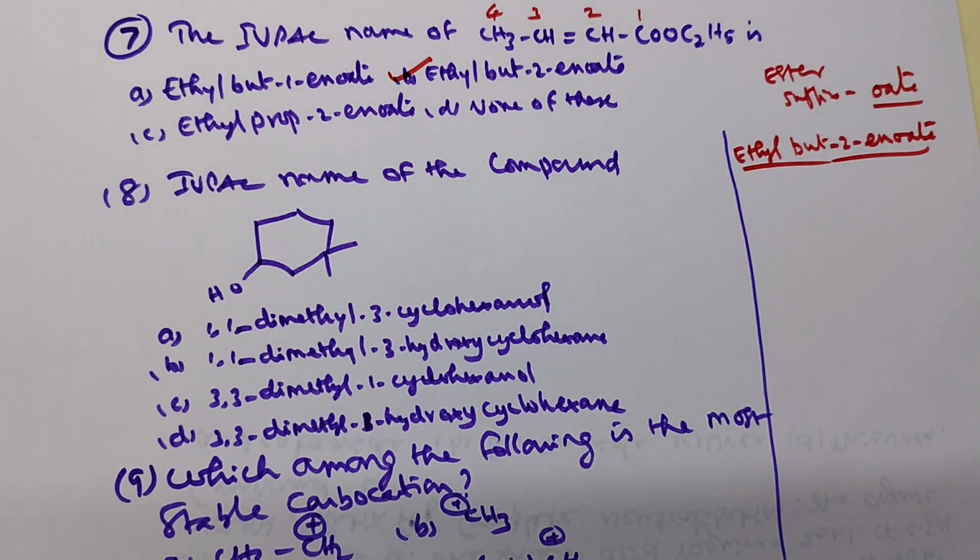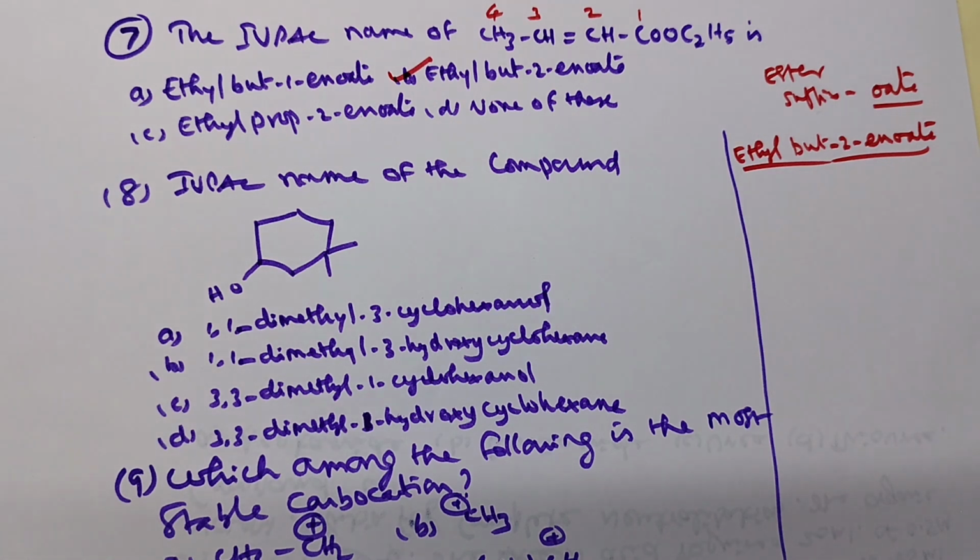Next question, the 8th question. IUPAC name for the following compound. In this case, which side do you start numbering from: from the functional group OH, or from the two methyl groups?